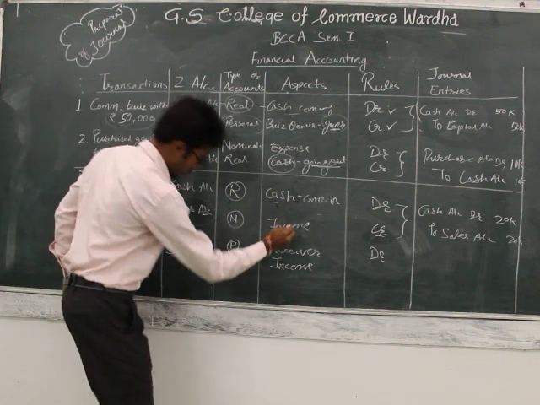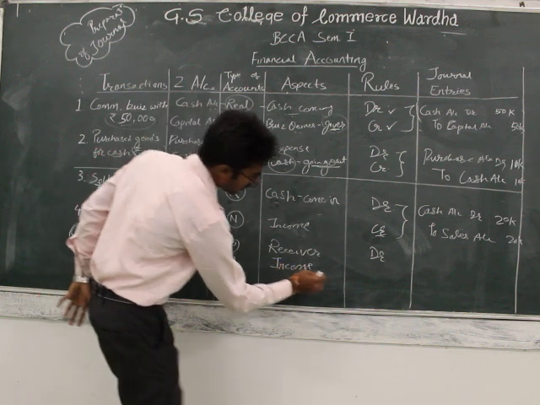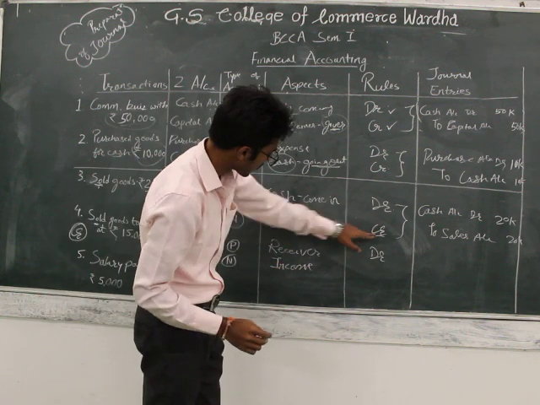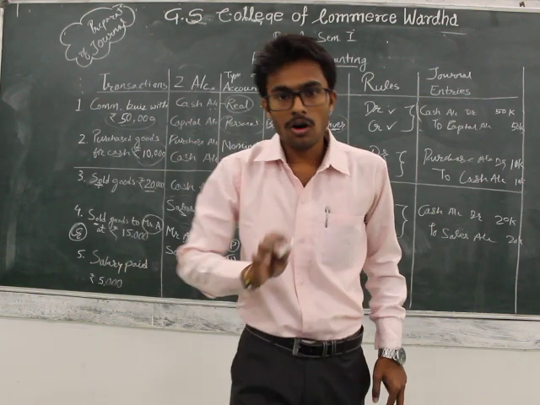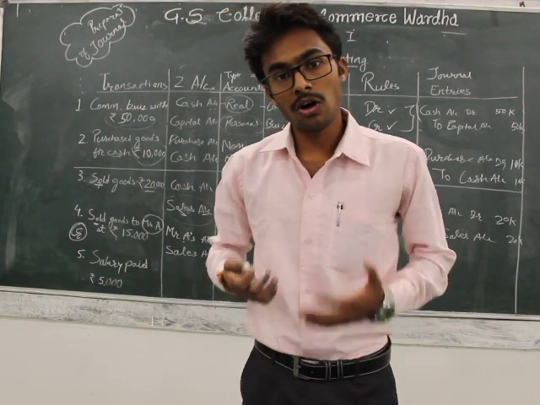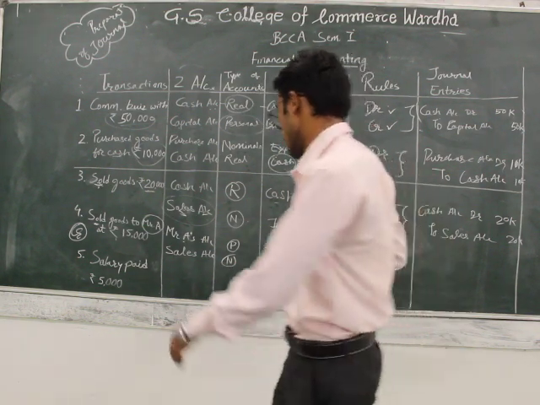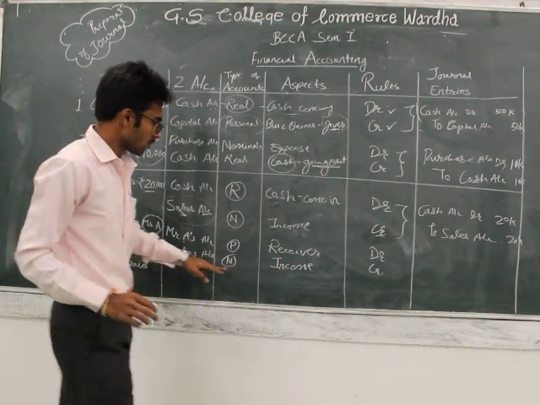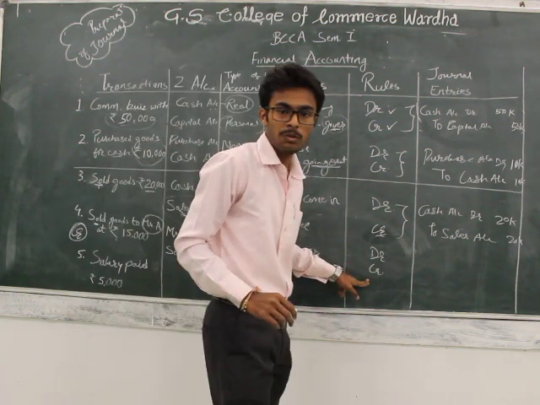Nominal account, income, and it will be credited. Why? Debit all expenses and losses, credit all income and gains. The rule of nominal account says this. So sales account is a nominal account, and this is income, and that should be credited.